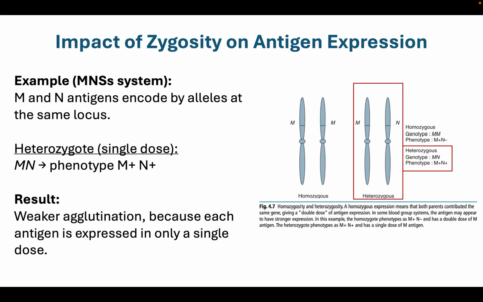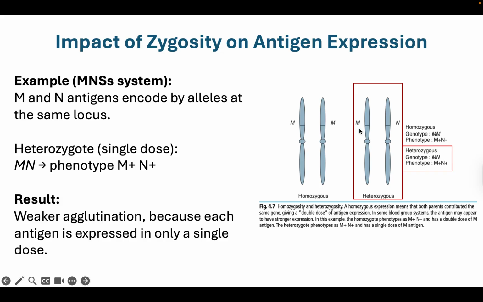In the case of the heterozygotes, as you can see here in the pictures inside the red rectangle, I have M on one allele and N on the other allele. So I have a heterozygous genotype.